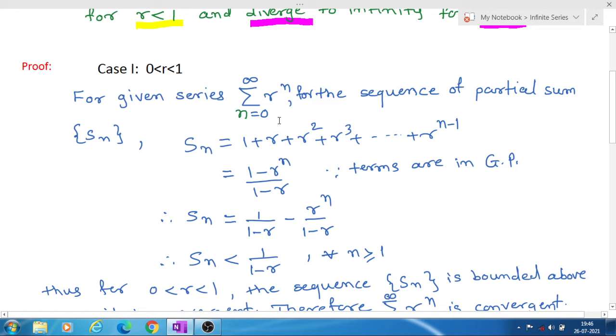So the first term, put n equal to 0, then r raised to 0 is equal to 1. Therefore the first term is 1. Then for the second term n equal to 1, therefore r raised to 1. Third term r square. So these are the terms of the series, and Sn is the sum of n terms. Therefore the last term will be r raised to n minus 1.